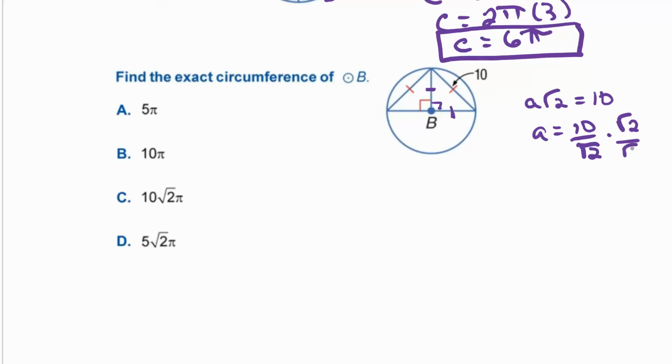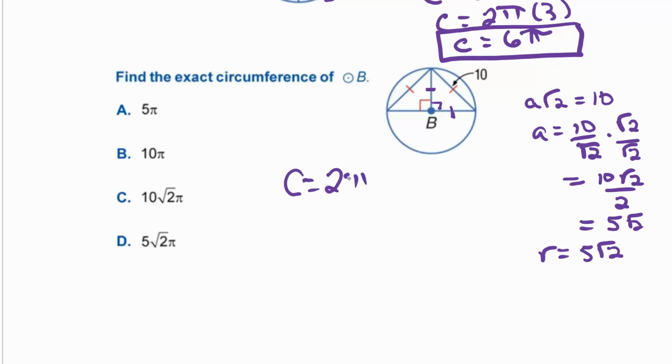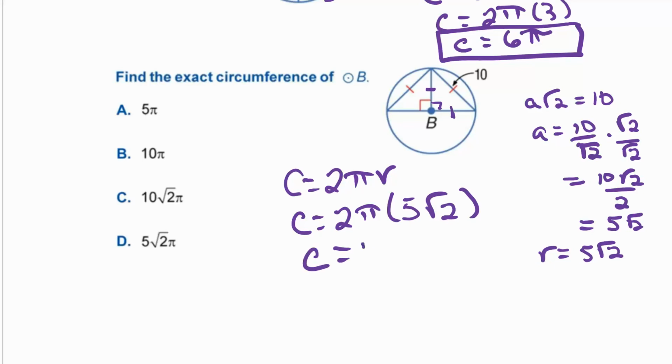Rationalize, which would give us 10 root 2 over 2, which is 5 root 2. So we determine that the radius is 5 root 2. Circumference equals 2 pi r. Circumference equals 2 pi times 5 root 2. 2 times 5 is 10 root 2 pi.